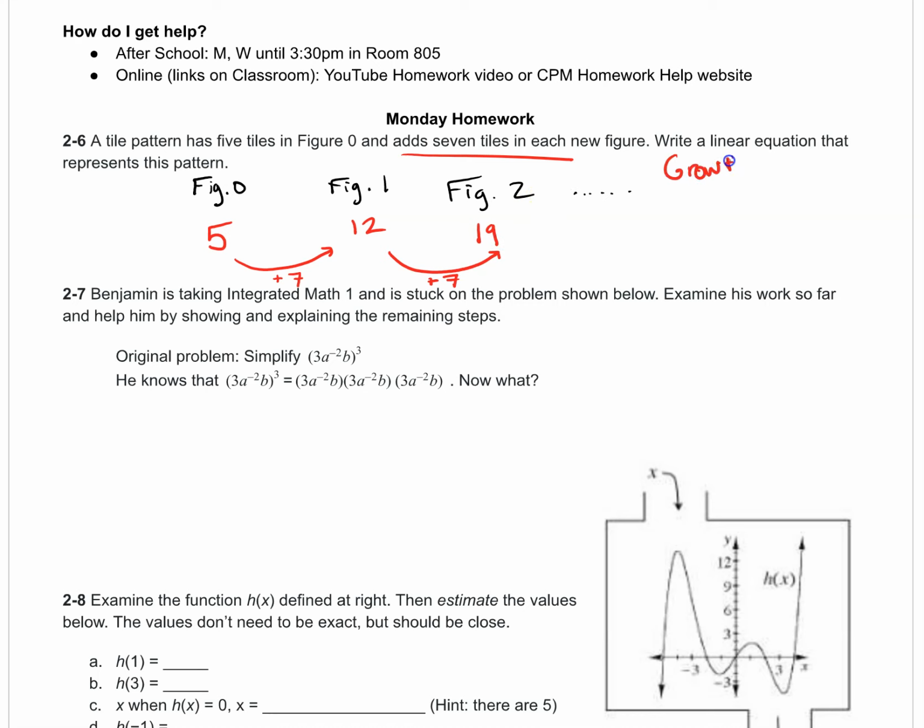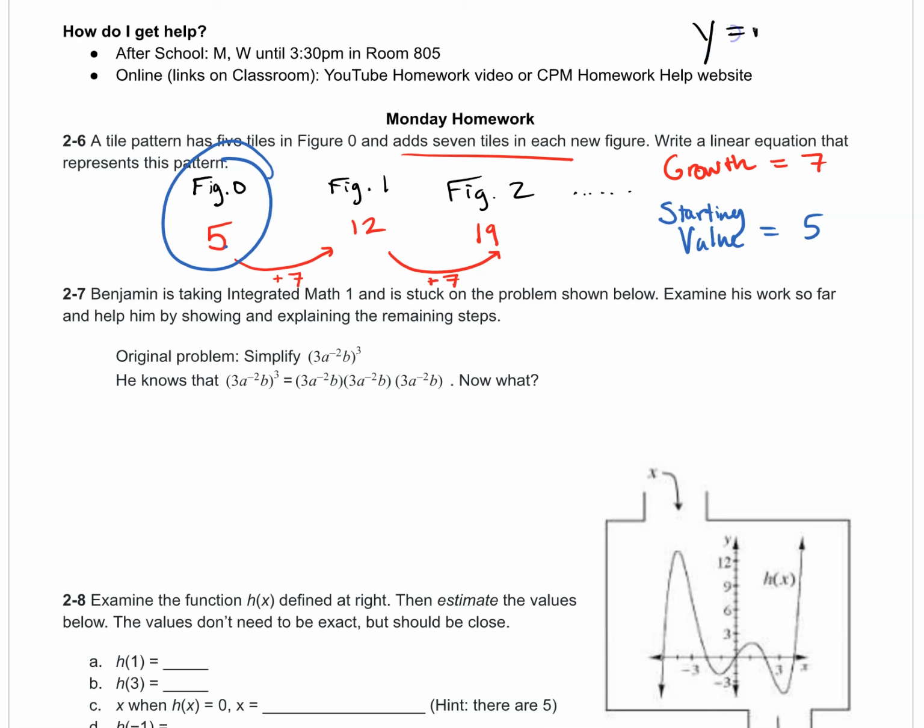So our growth rate is 7. And our starting value is 5 tiles in figure 0. We started with 5 and we're adding 7.